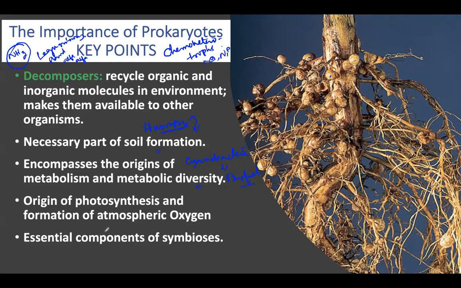Origin of photosynthesis and formation of atmospheric oxygen. I talked about it during the first chapter, that a huge amount of oxygen is produced by the prokaryotes, especially the photosynthetic bacteria like cyanobacteria. There are purple and green bacteria, sulfur bacteria. So they actually produce a huge amount of oxygen.